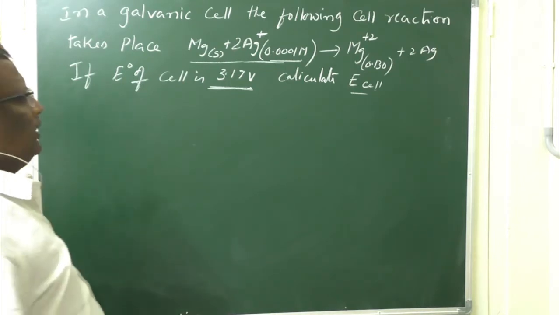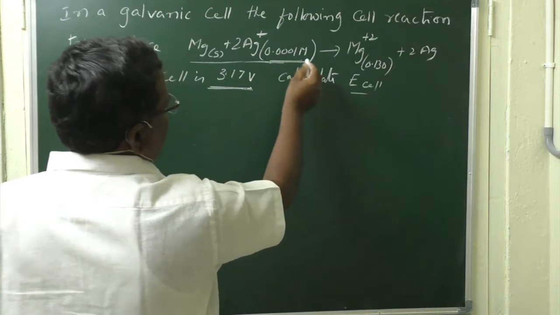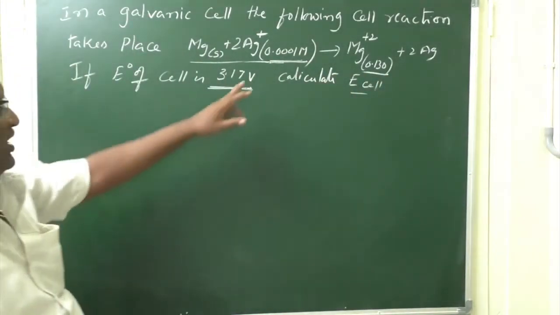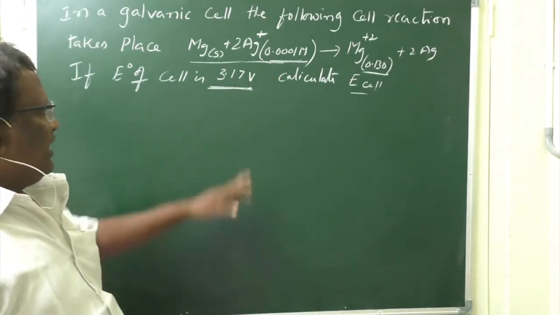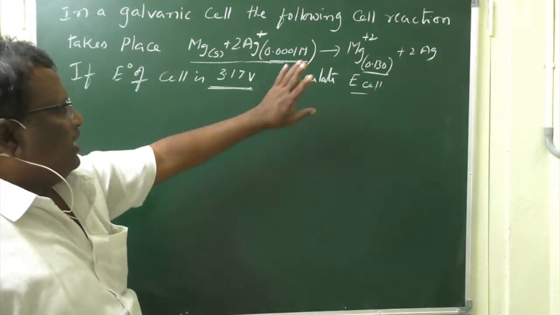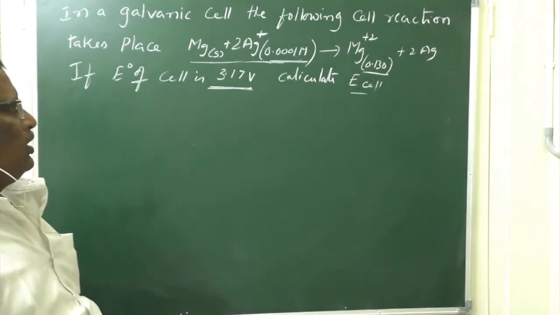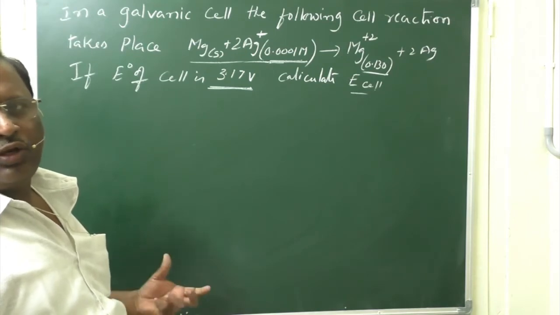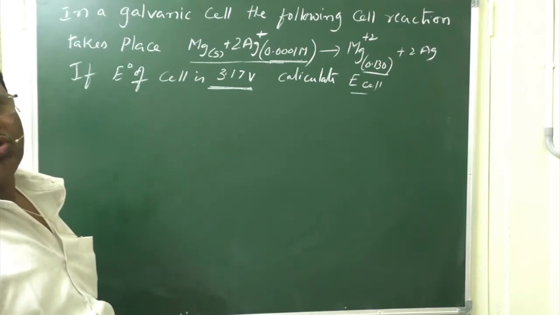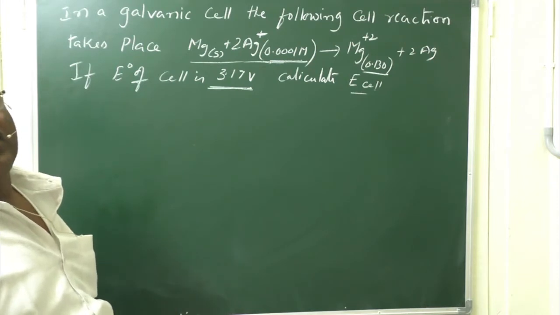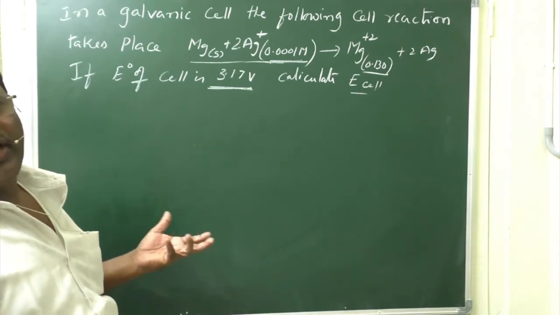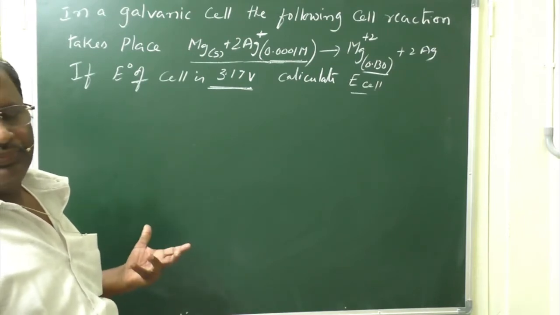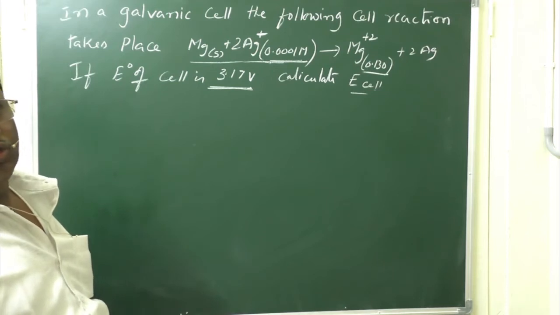But here the concentration of Ag+ ions and Mg2+ ions are changed. So after changing the concentration, they are asking the EMF of the cell. If concentration is changed, they are asking us to calculate the potentials of electrodes or EMF of the cell at non-standard conditions. To calculate this, the Nernst equation is useful for us.